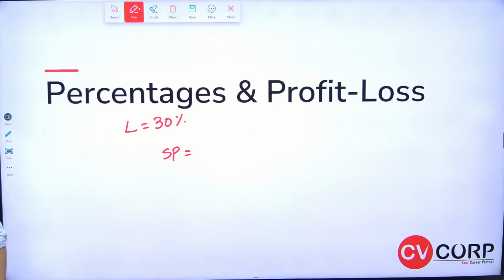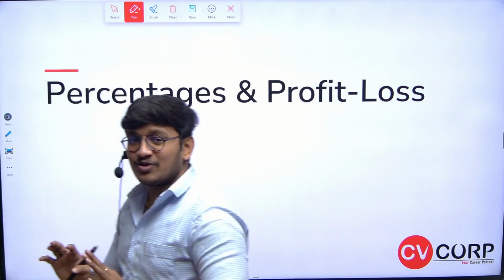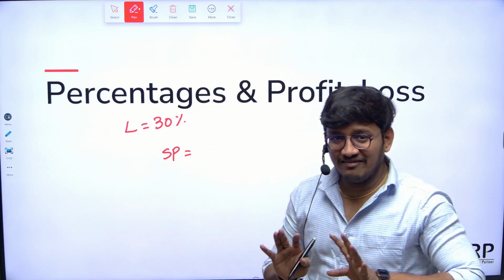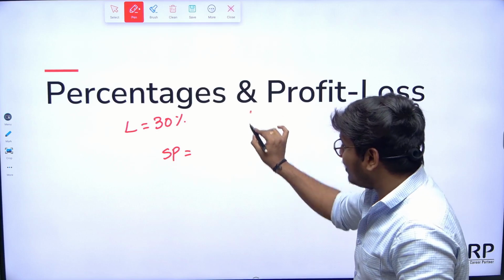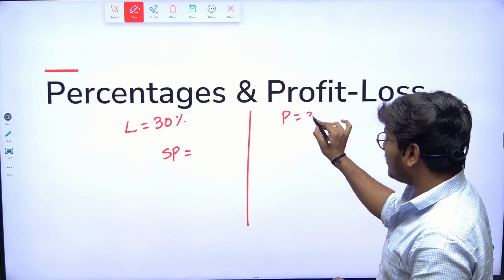Here the majority of students are posting selling price is equal to... guys, when it is loss, it is not minus. Don't worry, I will tell you clearly. I will explain the difference between profit and loss.